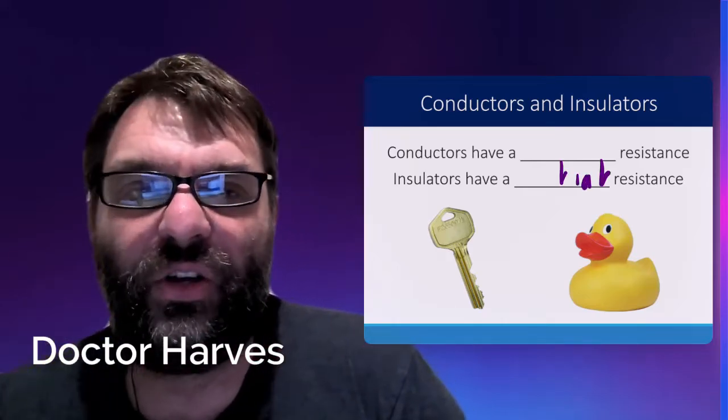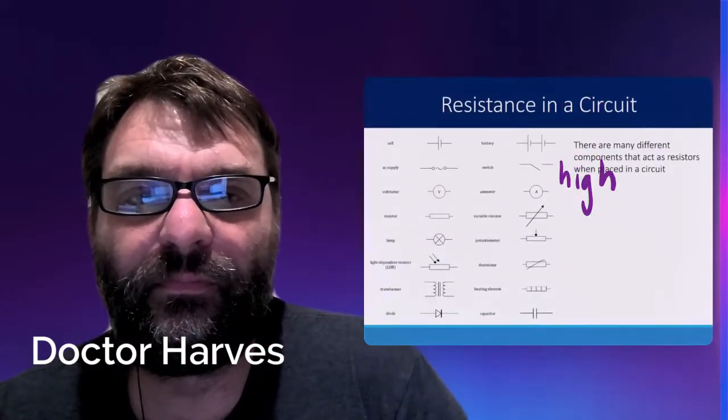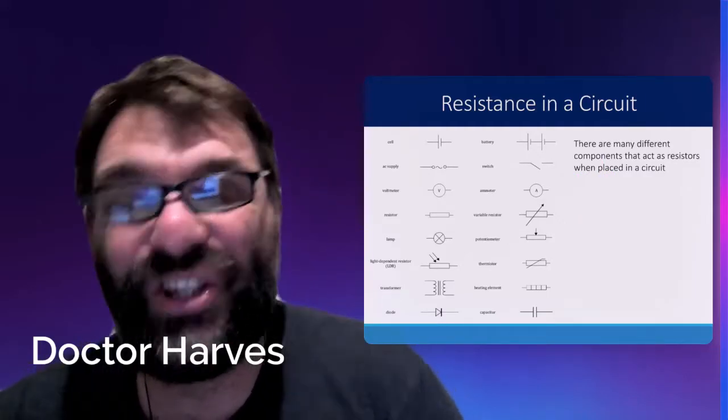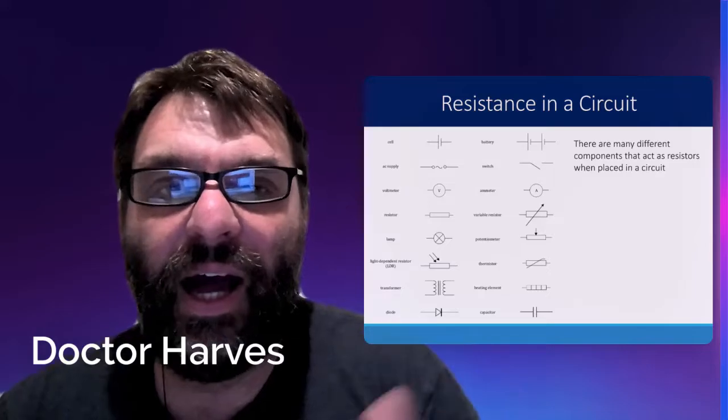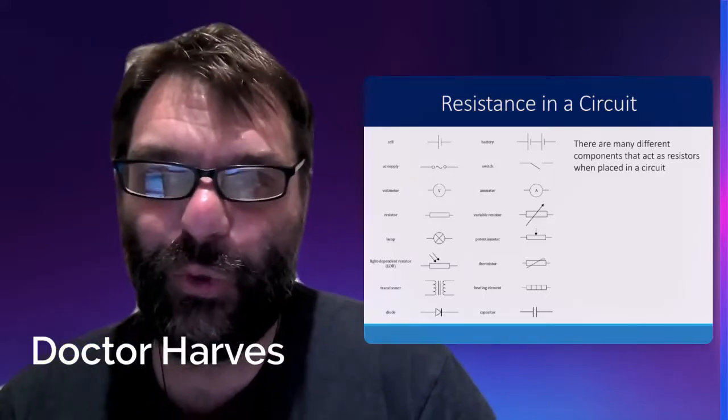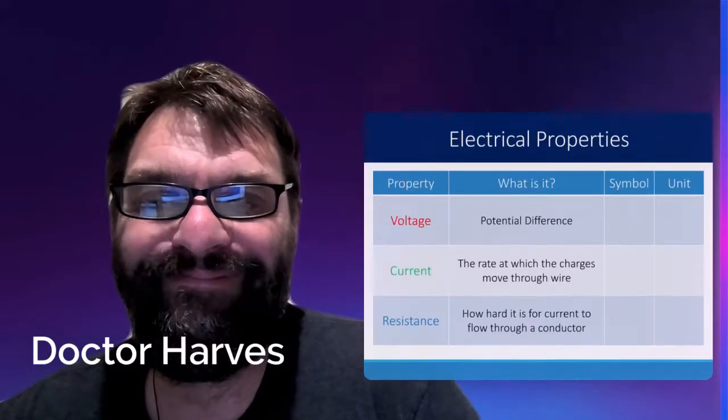There are fewer free electrons, so it has that high resistance. And resistance in a circuit, all these components will provide a certain amount of resistance, and you have to remember all of them through the power of Kung Fu components.